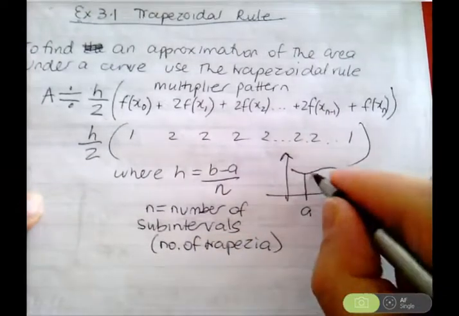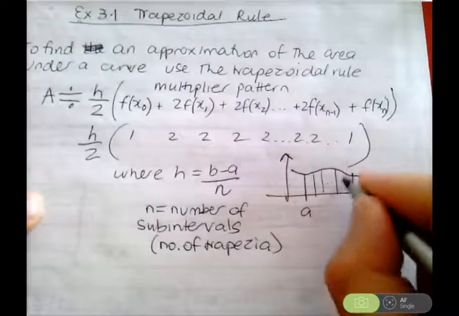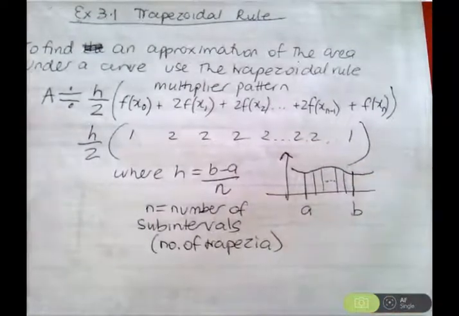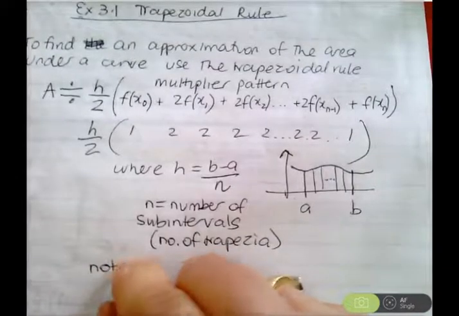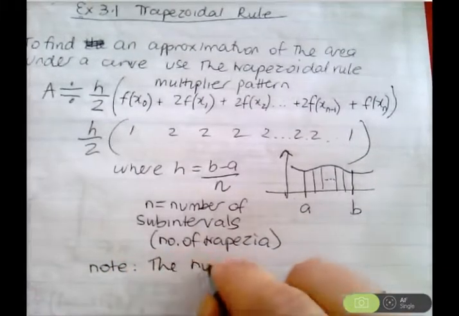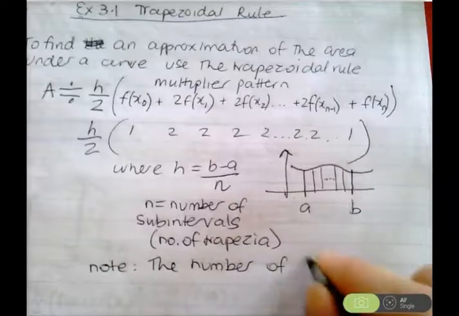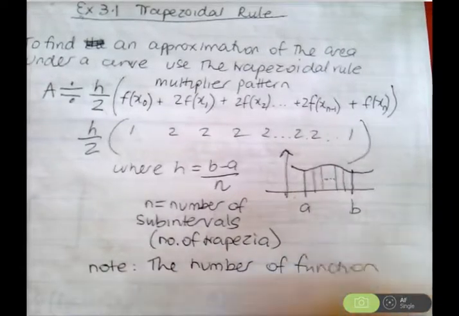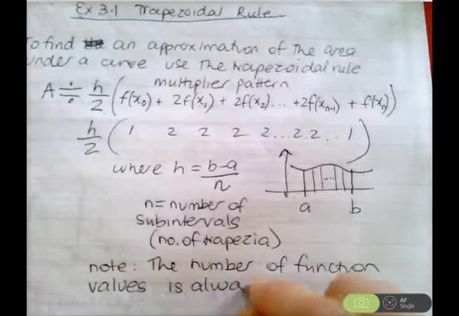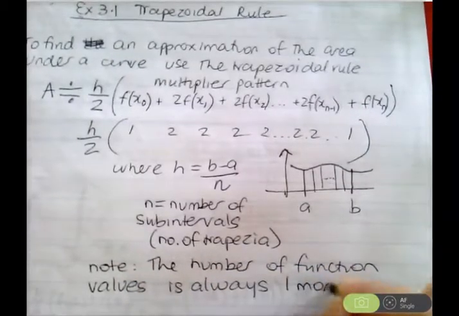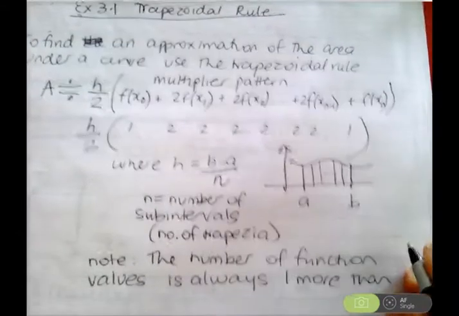Now, for example, there could be many there. Note the number, this is really important, the number of function values that you will get is always one more than the number of trapezia.